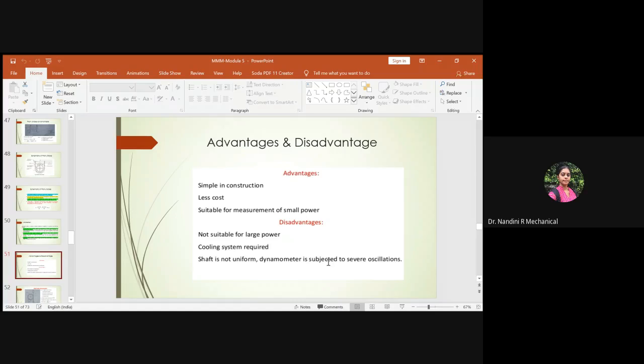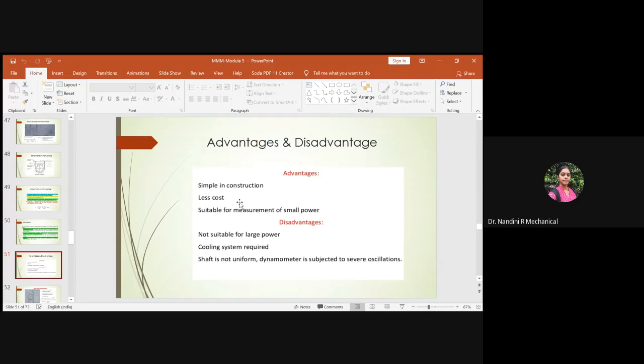Apart from that, you have to understand the advantages and disadvantages of the Prony brake dynamometer. The advantages are that it is very simple in construction. It is a simple construction principle where it could be easily built, and the cost of constructing a Prony brake dynamometer is cheap and not expensive.